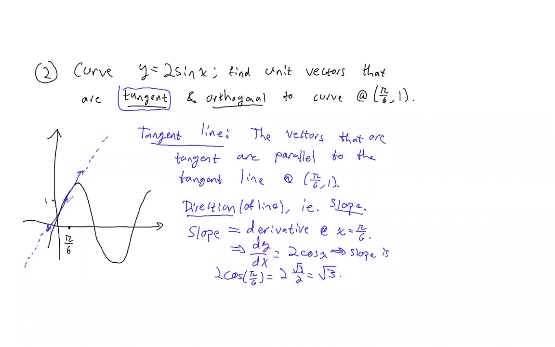Now, that tells us in particular, now what is slope? Slope, as we know, is rise over run. So what that tells us is that for this curve, we can think of the run as being 1 and the rise as being root 3. But in terms of vectors, well, now we know what that vector is.